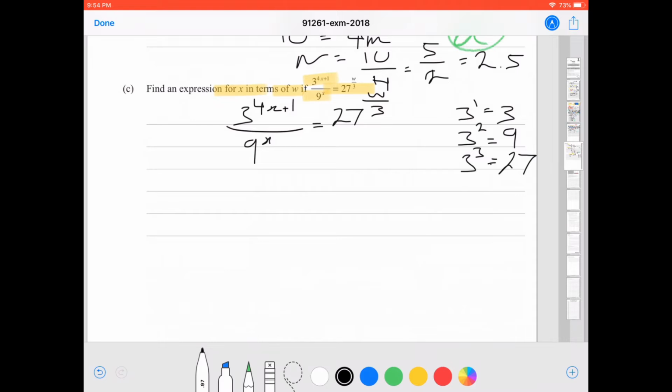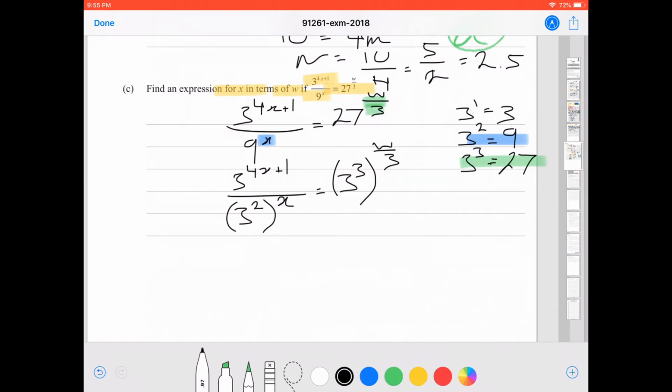We're going to say 3 to the power of 4x plus 1. That remains unchanged, but our denominator becomes 3 squared, inside brackets, raised to the original power of x, equals 3 cubed inside brackets raised to the power of w over 3.